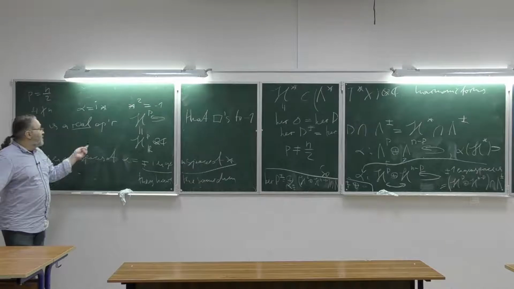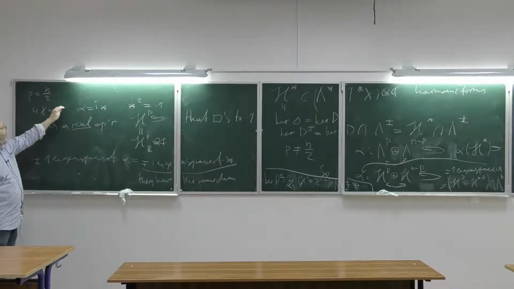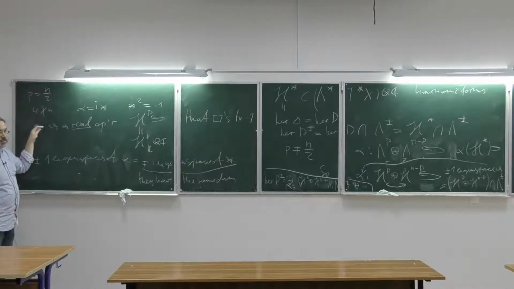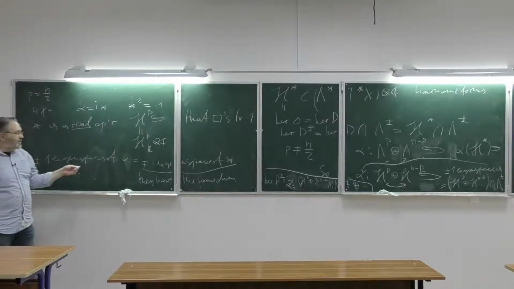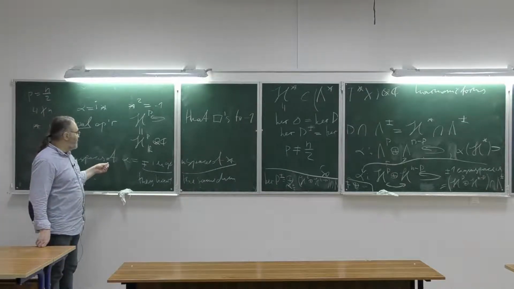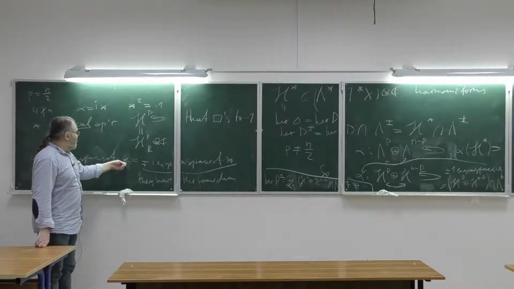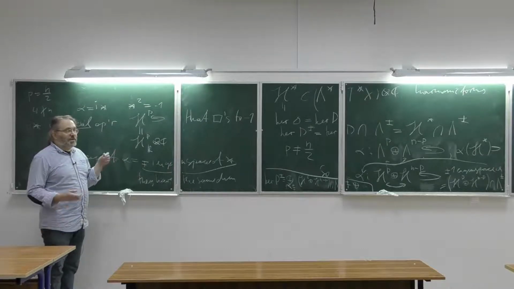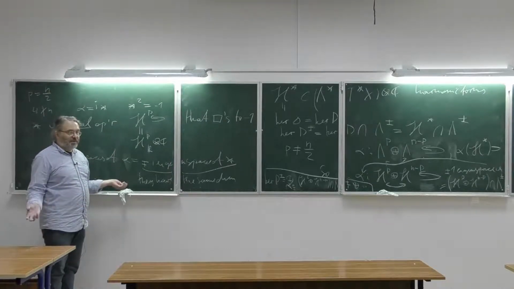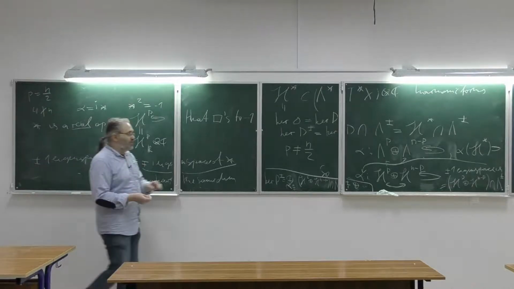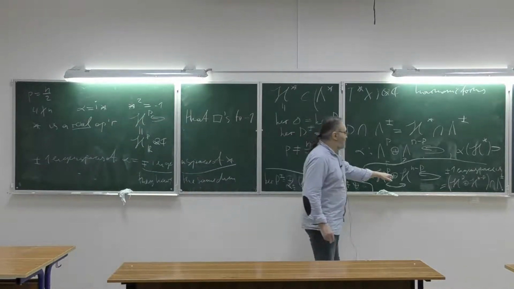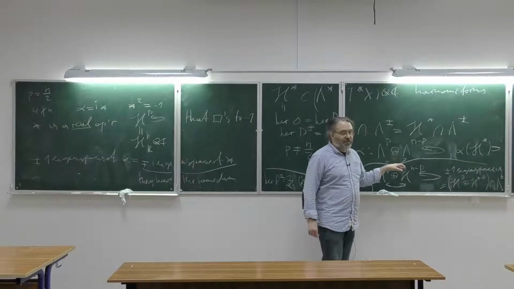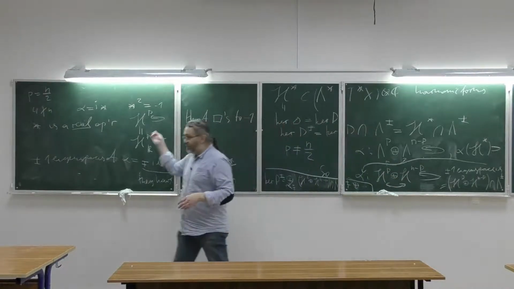Okay, so I think that for n divisible by 2 but not by 4, we have proved that the eigenspaces of alpha, which correspond to plus and minus 1, have the same dimension. We have checked it for the direct sum of all degrees apart from the middle degree, and we have checked the same for the middle degree.